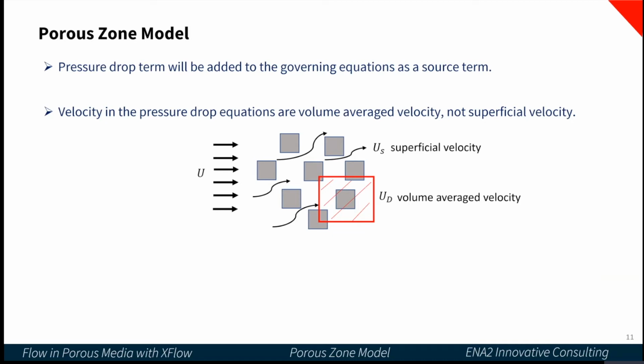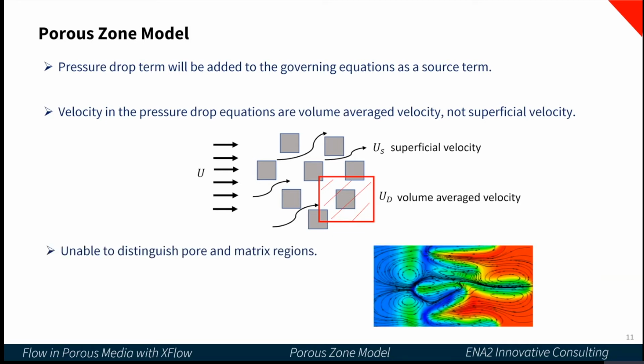The real velocity of the fluid in the voids is Us, which we call the superficial velocity. However, since we consider the whole region as a fluid region, we should use Uv, the volume average velocity, instead of Us. It is unable to distinguish pore and matrix here, which is obvious because we consider the whole domain as a fluid region. We don't see any matrix here. We only see the fluid, but with a different velocity term.